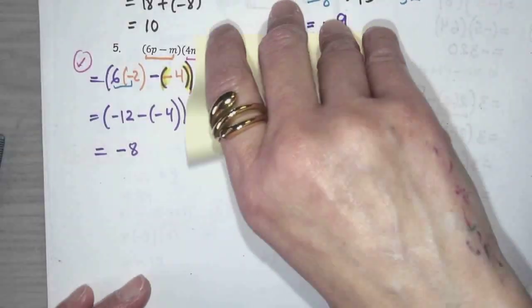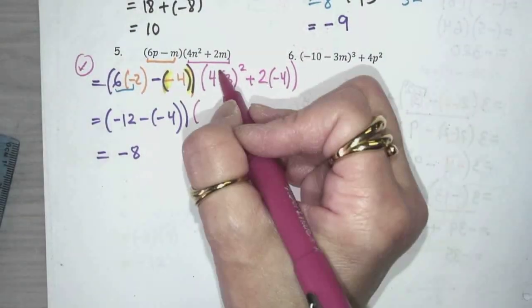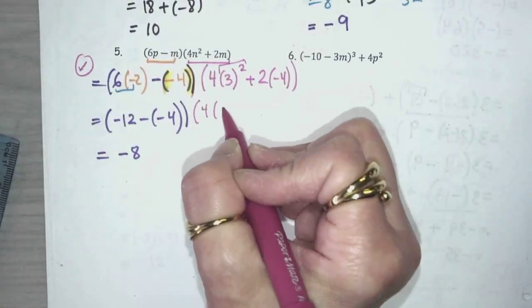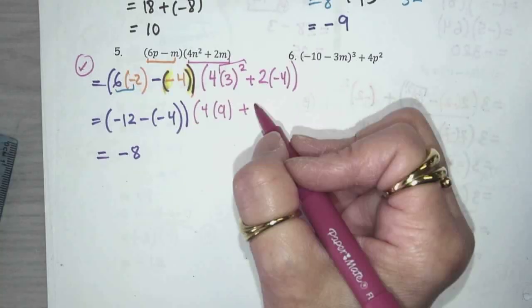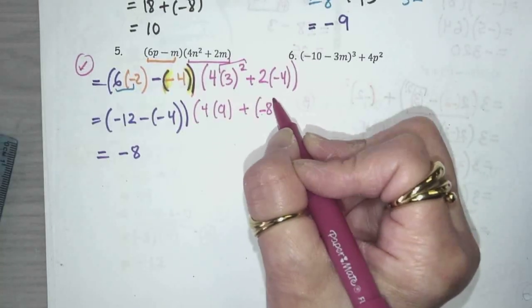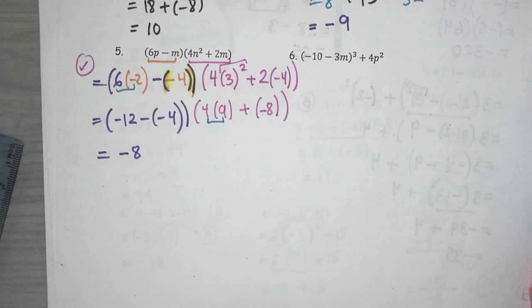Okay. For the second bracket, I'll do this one in pink. We're doing this one here. So in here, we want to do exponents first. 4 times 9 plus, and then here, 2 times negative 4 is negative 8. Still not done. You have to do this part here, multiplication.